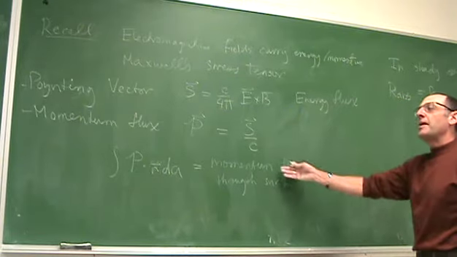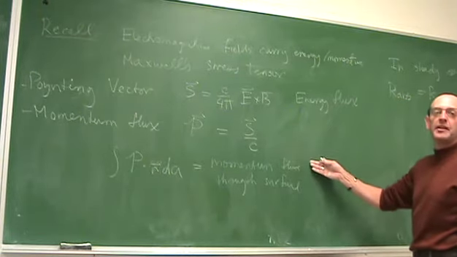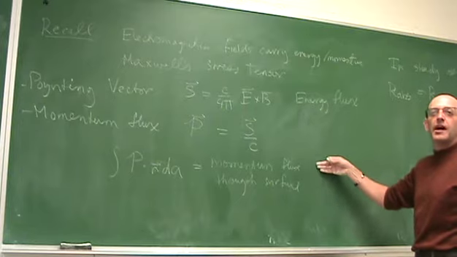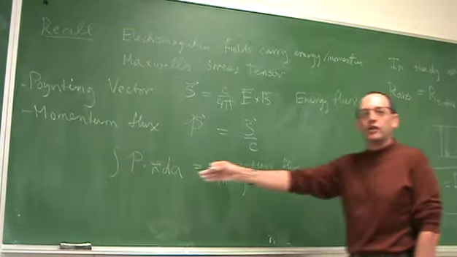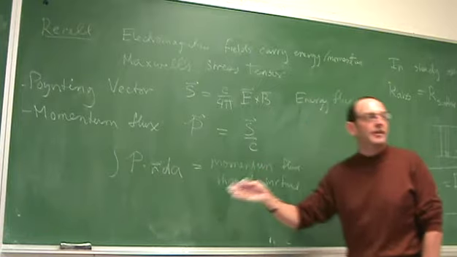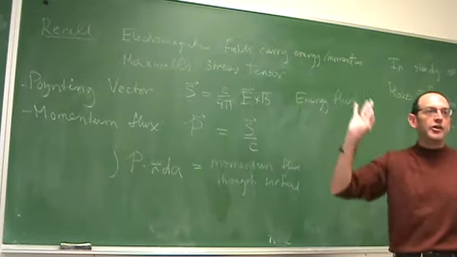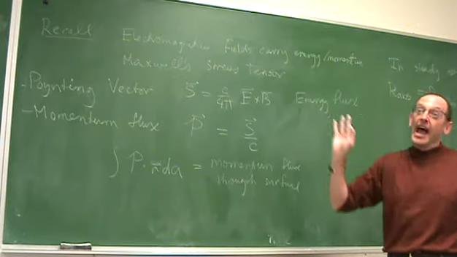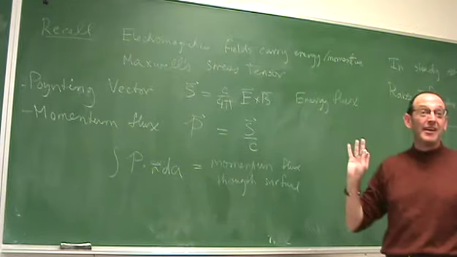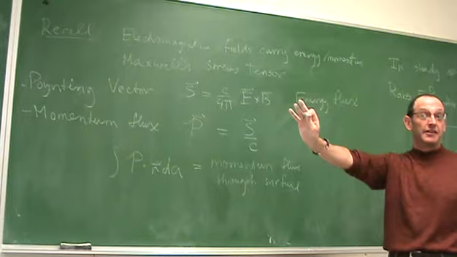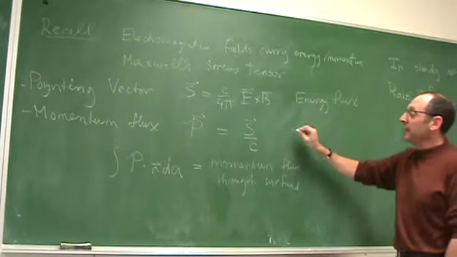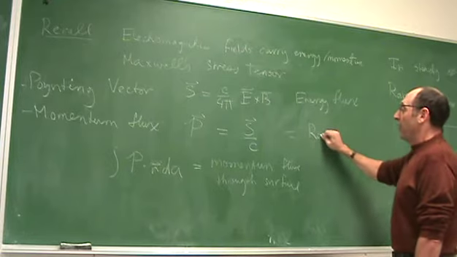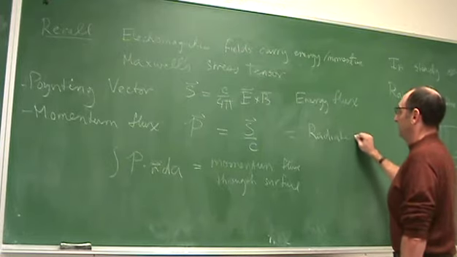And if all of that momentum flux were absorbed, well, what is momentum flux? Momentum flux is momentum per unit time per unit area. If I integrate that through the surface, that's the rate at which electromagnetic radiation is passing through that surface. And the rate of momentum is force. So my momentum flux is another word for radiation pressure.